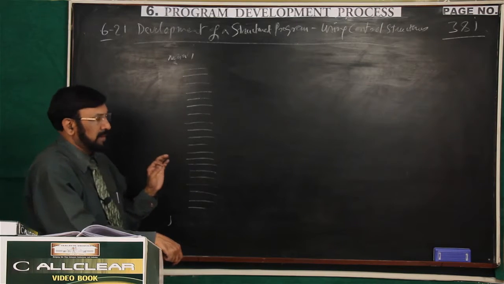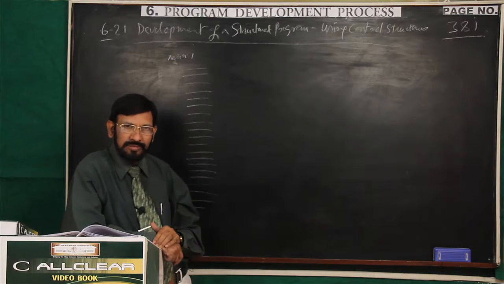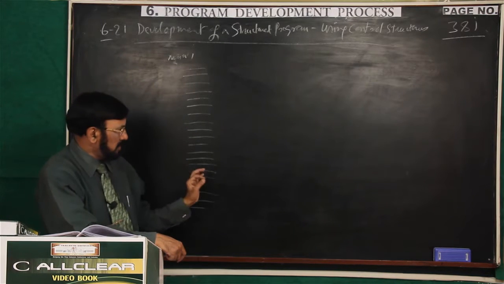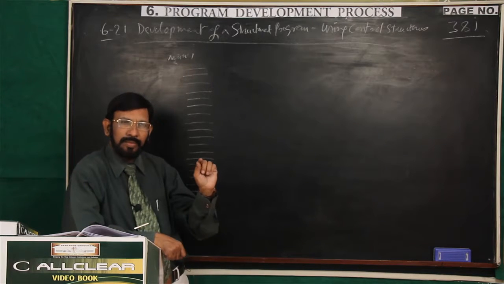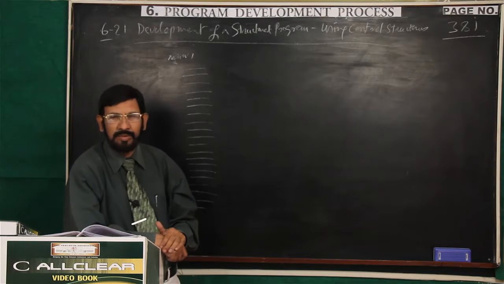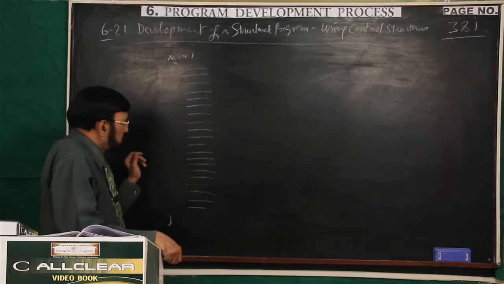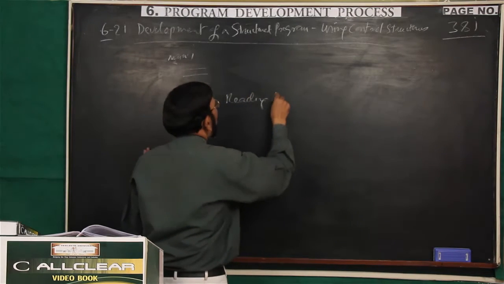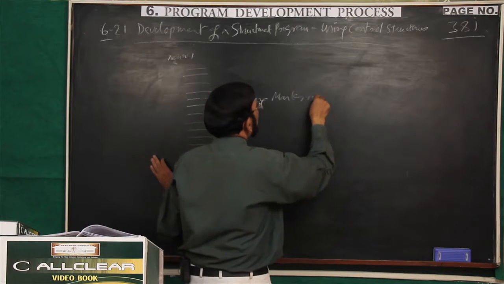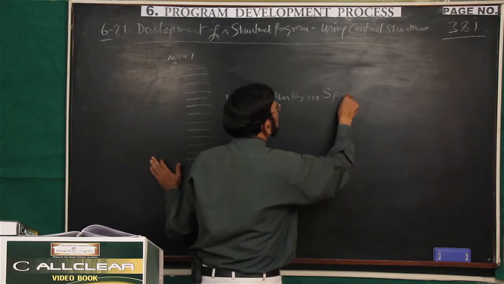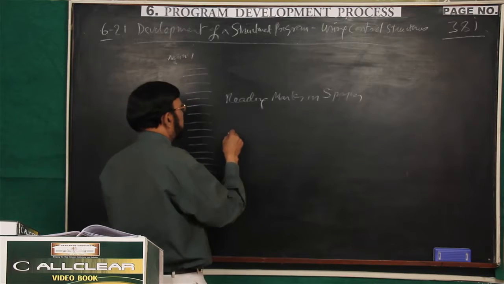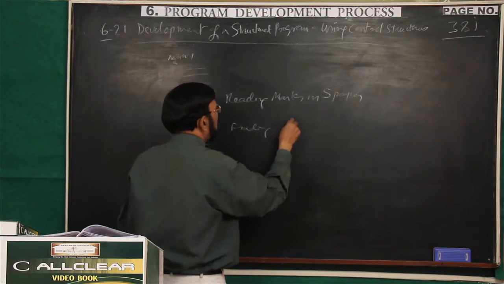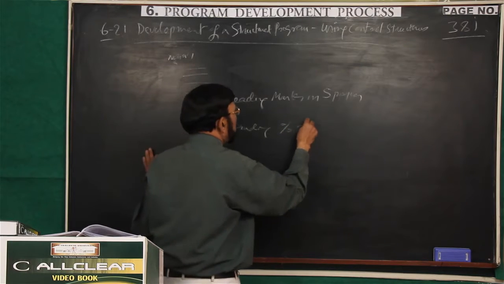Suppose this is a program for reading your marks and calculating the percentage of marks. What are the tasks of this program? Reading marks in 5 papers. Next, finding the percentage of marks.